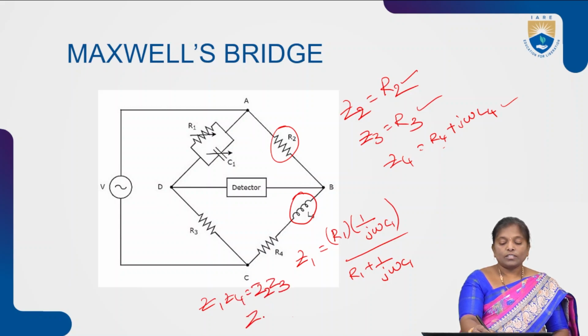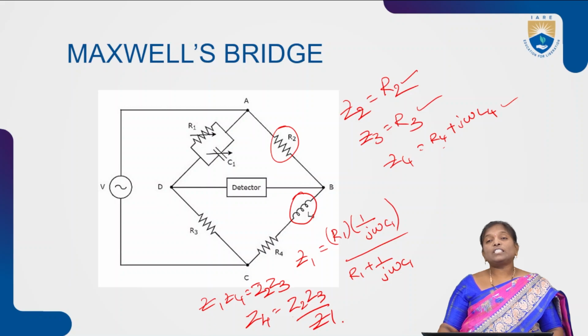From this, Z4 can be represented as Z2 Z3 by Z1. So, by measuring Z1, Z2, Z3 and Z4 values, we can find out the unknown parameter by substituting all the four values in the balanced bridge condition. So, we need to calculate Z1, Z2, Z3 and Z4.